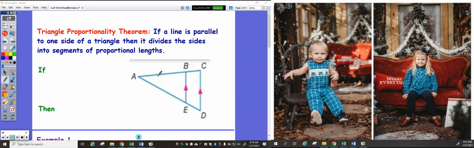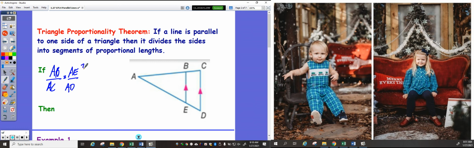Okay? So if I have a triangle and a line parallel to one side of the triangle, then it divides the sides into proportional parts. And what that means is you can set up a couple of different proportions here. We did this earlier where we said that AB corresponded to AC, and then AE would correspond to AD.